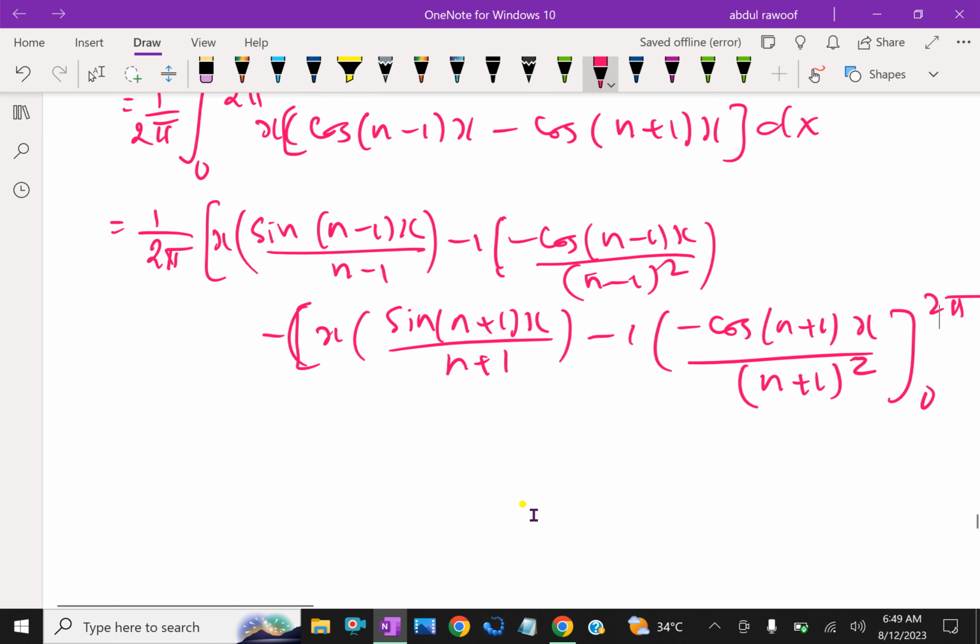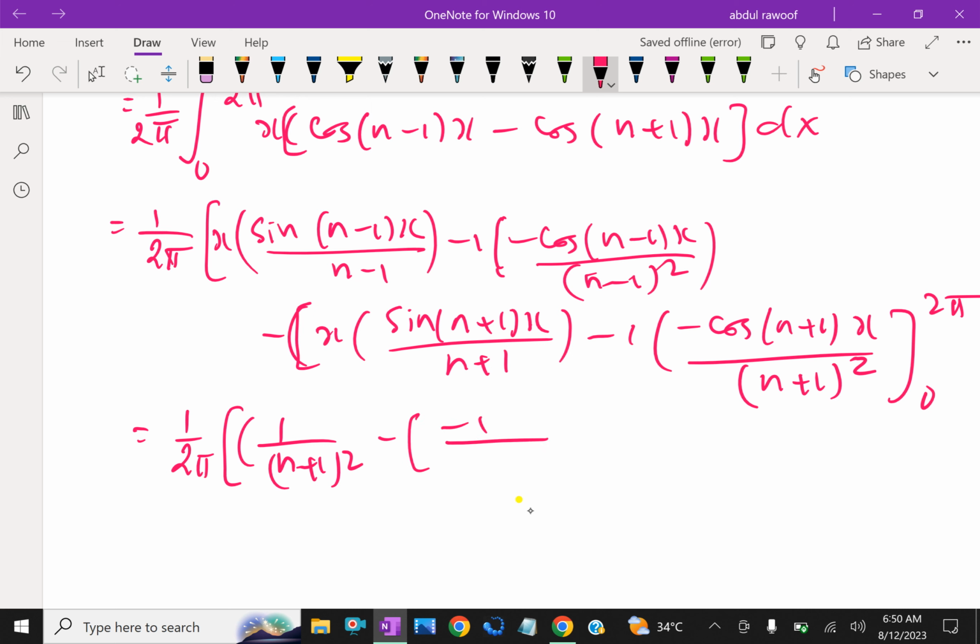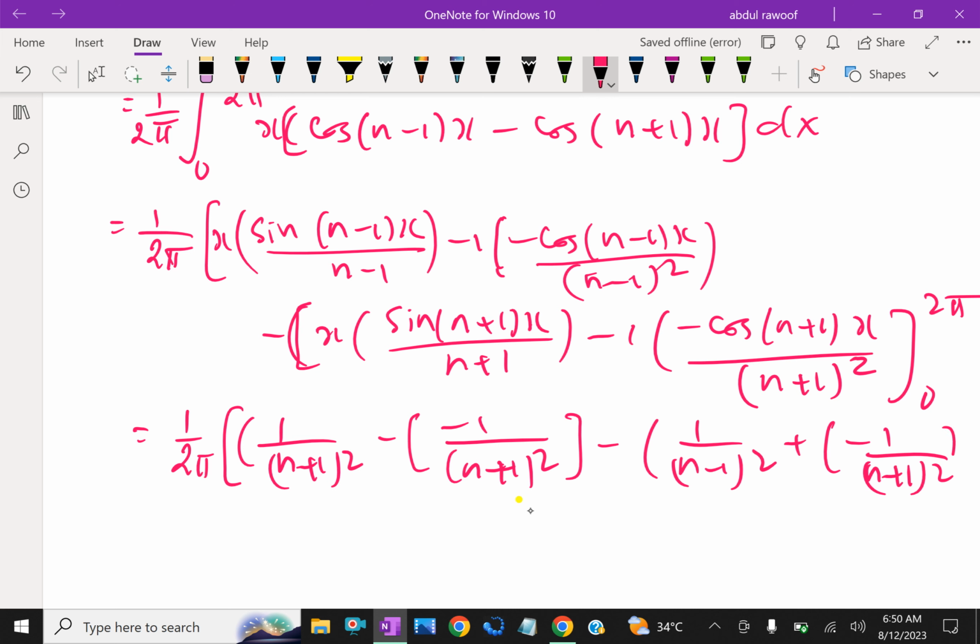After giving the limits and simplifying, we will get 1 by 2 pi times minus 1 over (n plus 1) square minus 1 over (n plus 1) square minus 1 over (n minus 1) square plus minus 1 over (n plus 1) square, or common 1 over 2 pi.